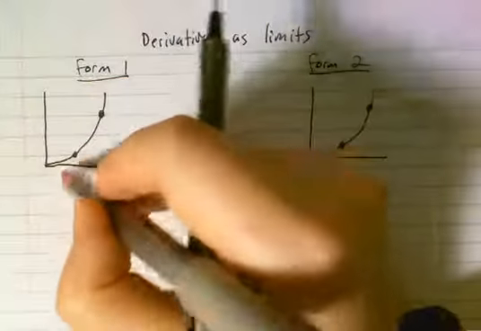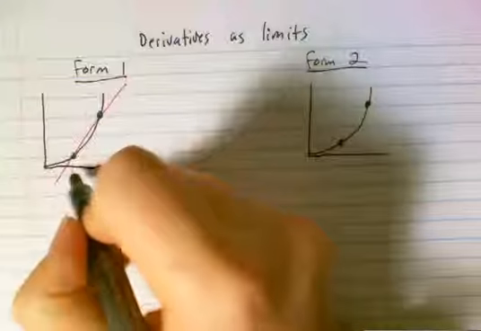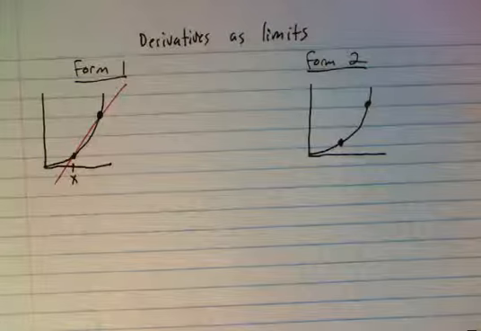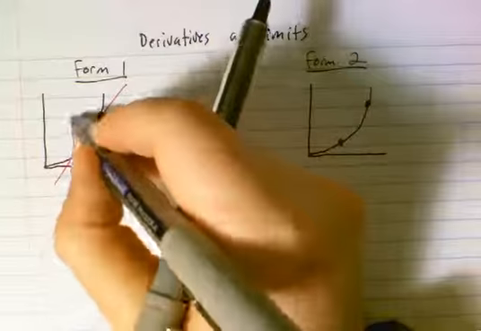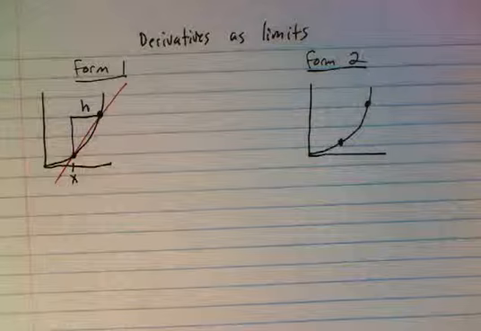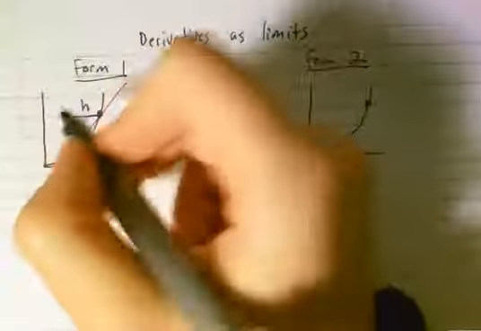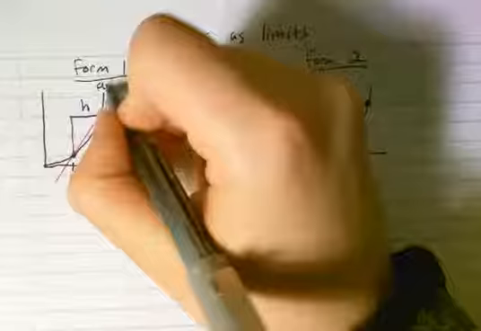This is the one that we just worked with. So in this, this is x. This is h. And so here we have, this is still f of x.